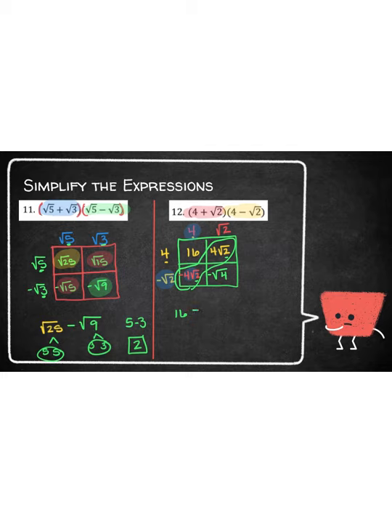And then I have minus the square root of 4. When I think of 4, I can break it up. I can have a 2 and a 2. 2 times 2 is going to come out as 1. So this is still going to be a 16. And then 2 times 2 comes out as 1, so it's just going to be that 2. So 16 minus 2 equals 14. So my final answer for all of that is 14.